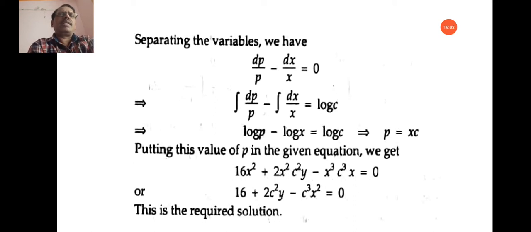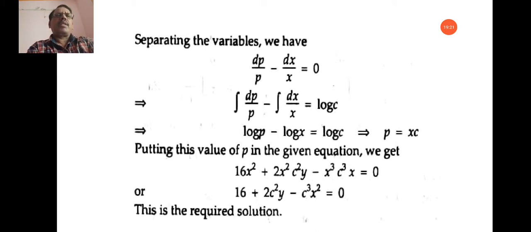On integrating, integral of dp by p minus integral of dx by x is equal to log c, or log p minus log x equal to log c. This implies p is equal to c x.